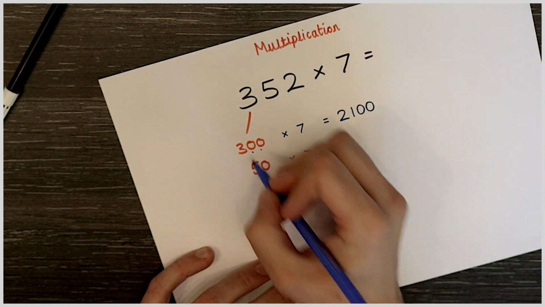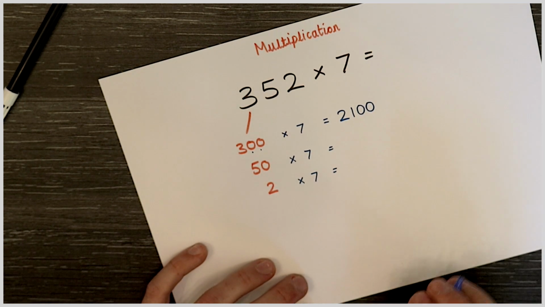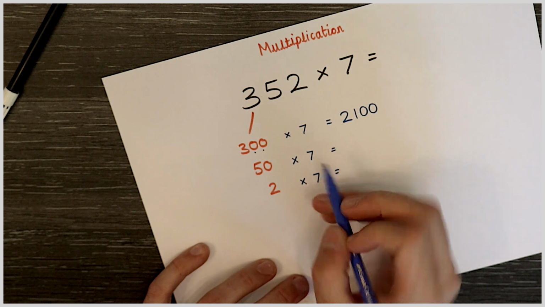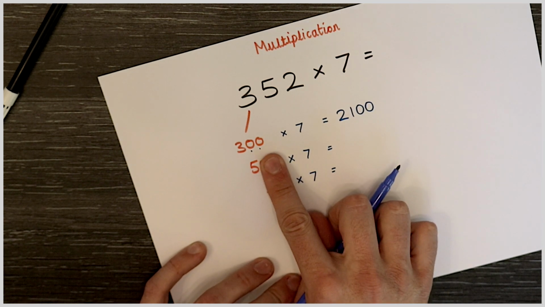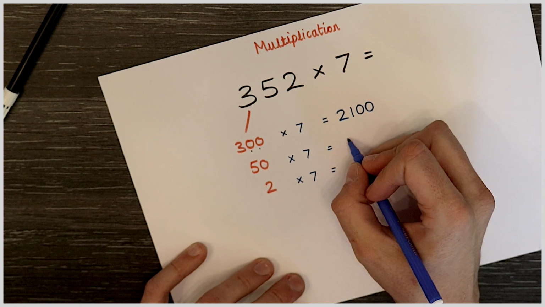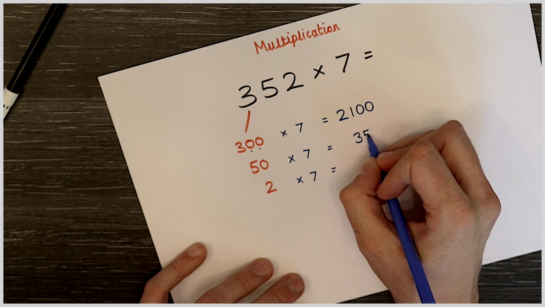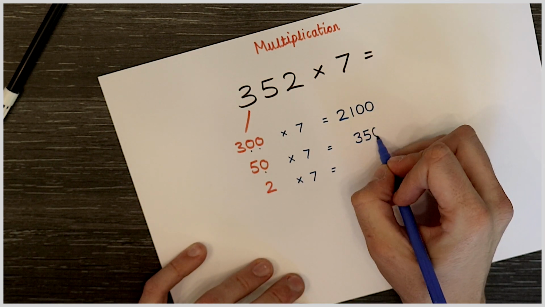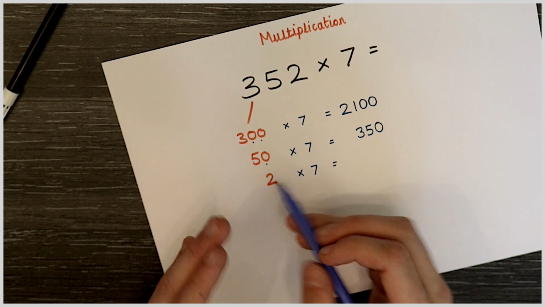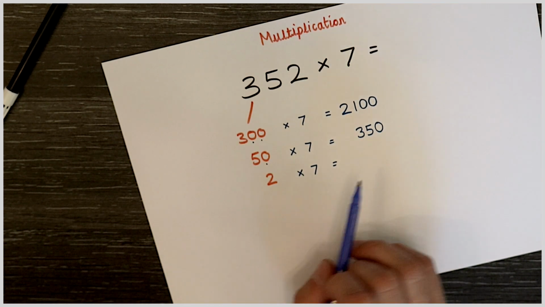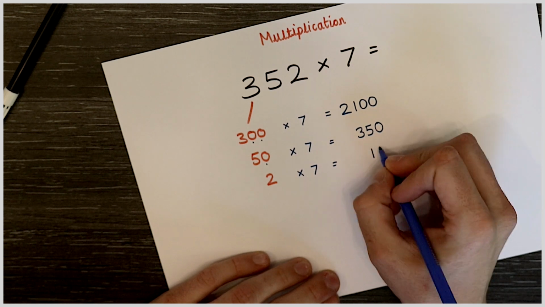Just 2 zeros here, 2 zeros there. 2,100. 50 times 7, again, if you know your 5 times table or your 7 times table, you know that 5 times 7 is 35. It's not 5, it's 50. You add the extra 0 there because you're not timesing by 5, you're timesing by 50. And the last one, nice and easy, 2 times 7 is 14.